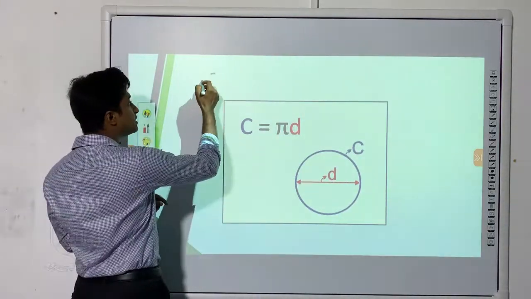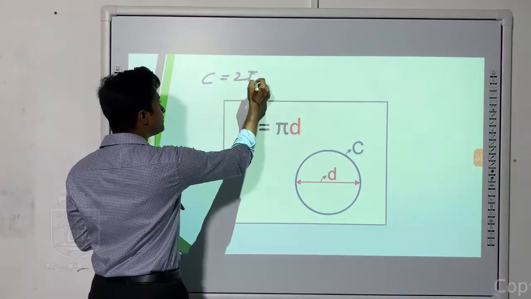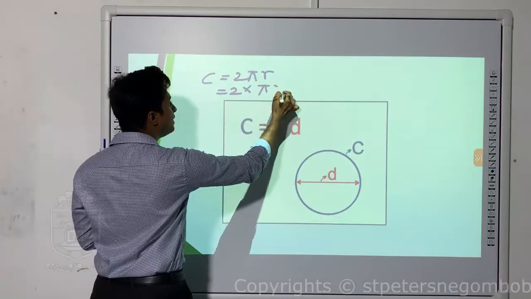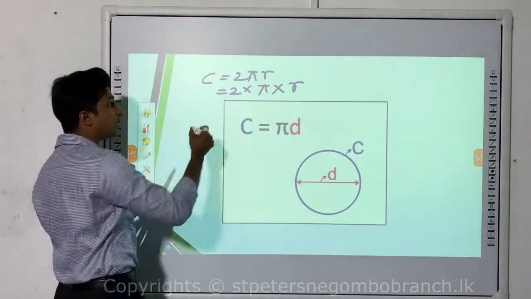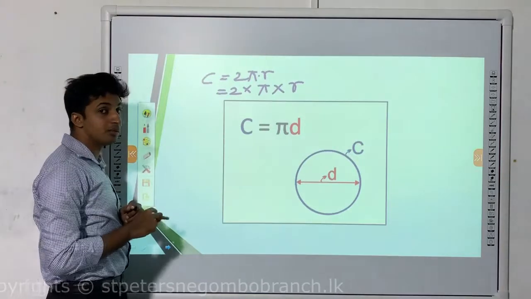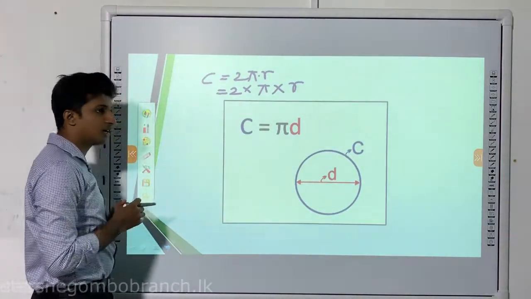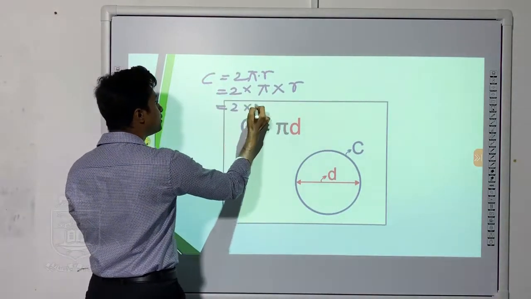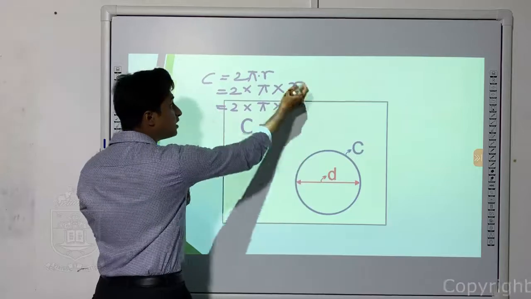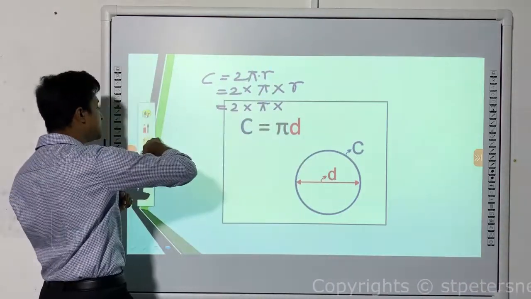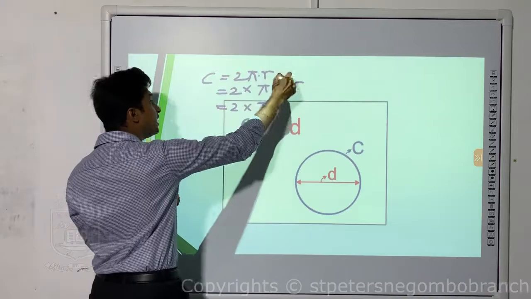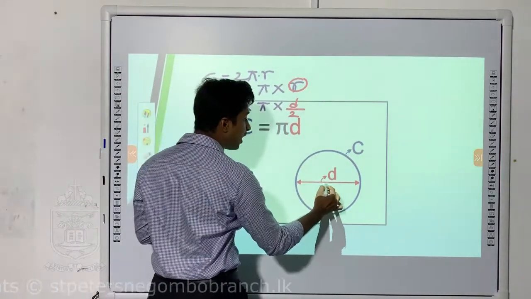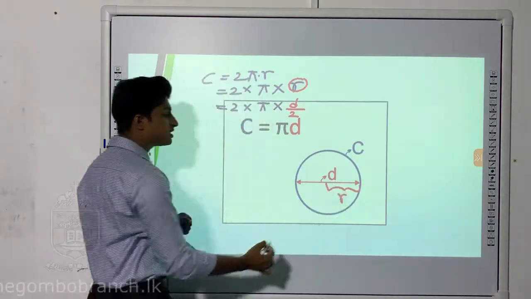Now, in C equals 2 pi r, the meaning of this formula is 2 into pi into r. When there are no signs in between, there is always a hidden multiplication sign. Even if the diameter is given, you can still take the radius as the diameter divided by 2, because half of the diameter is considered as the radius.